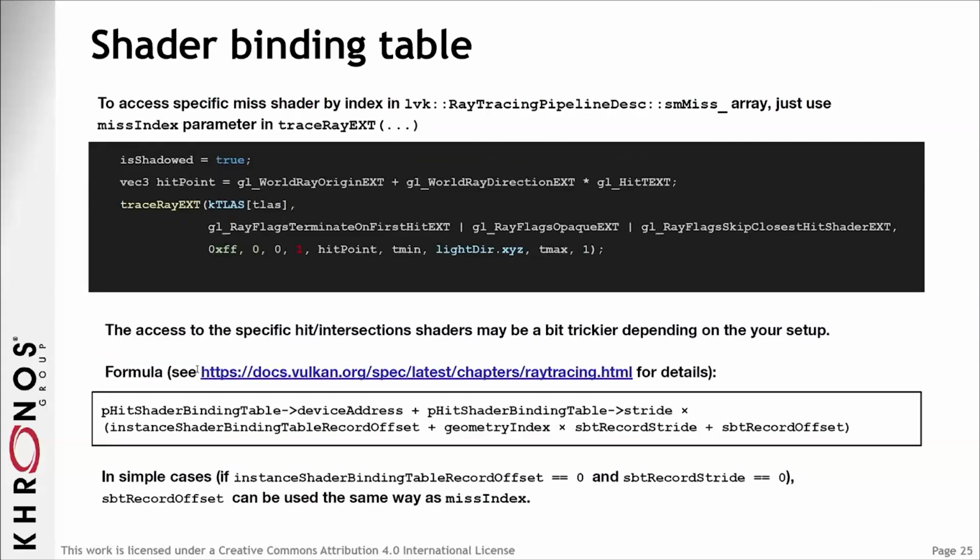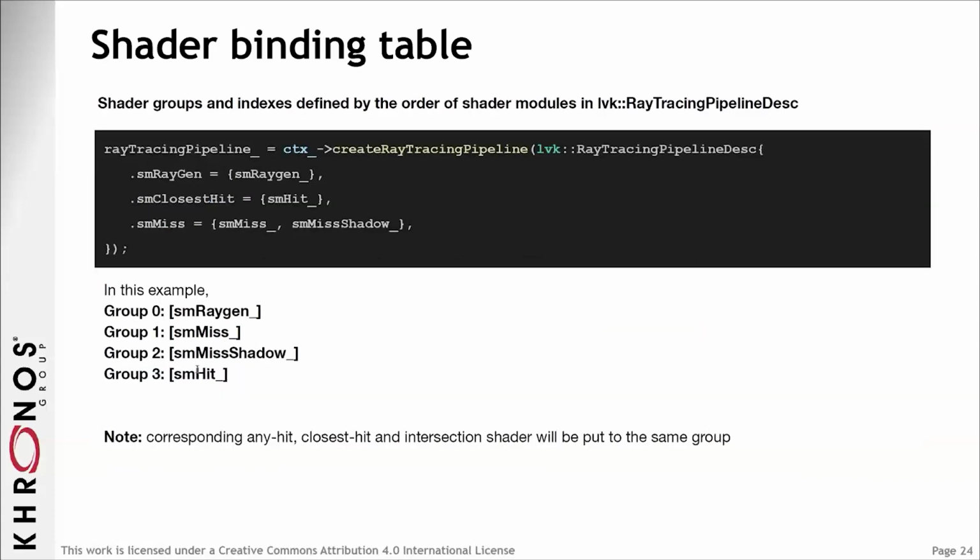In this example, you will see that in your shader, you need to call a second ray and use another miss shader. It's a classic technique to implement shadows. So you use index 1 here, as read in the example, exactly the number of the miss shader in this array.